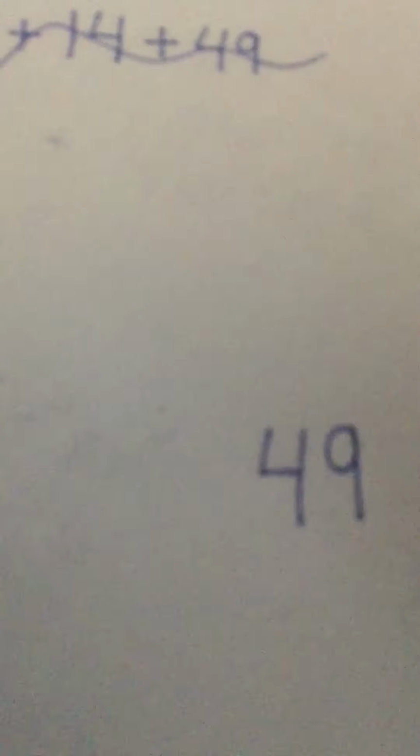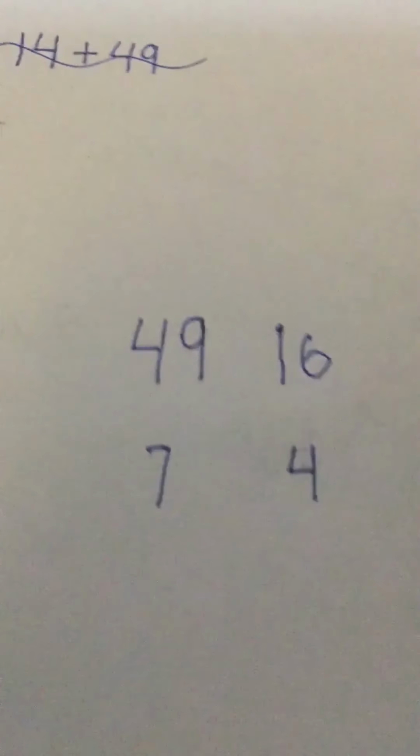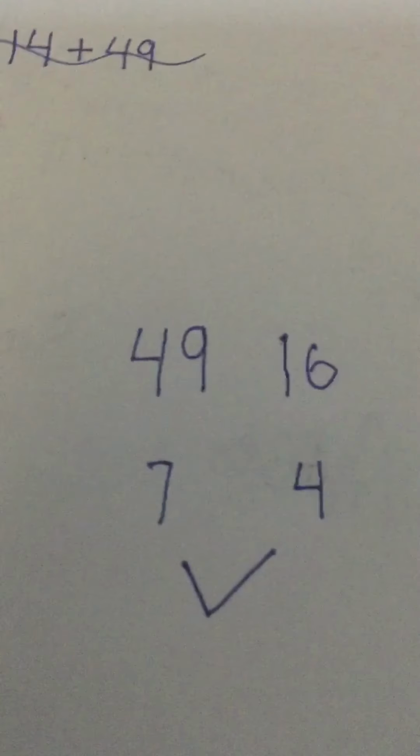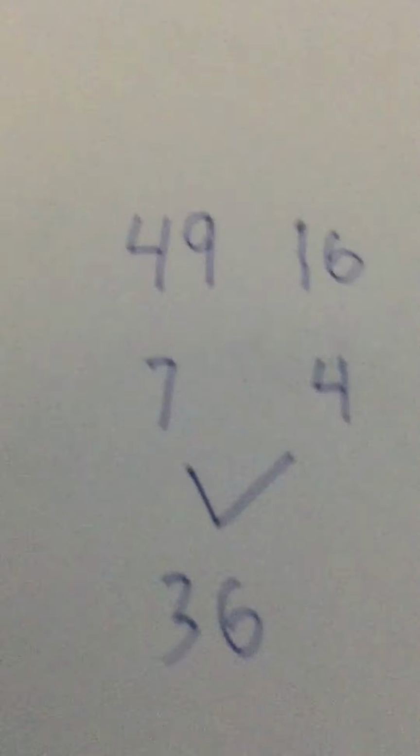Always remember that the middle term is twice the product of the square roots of the first and last terms. So for example, if your first term is 49, the square root is 7. For the last term, you decided to put 16, the square root of which is 4. You can't put just any random number, for example 36, which is wrong.